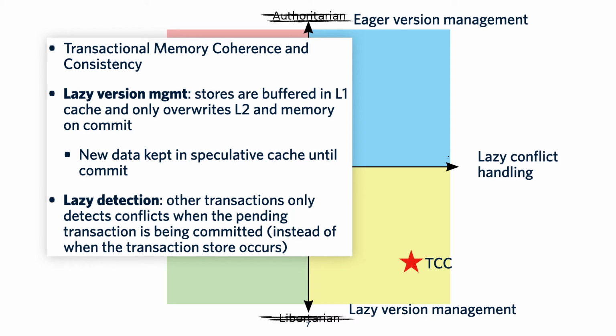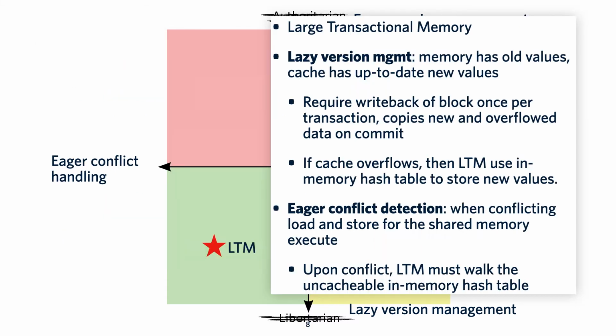There is Transactional Memory Coherence and Consistency, or TCC, and it's lazy in terms of both version management and detection, as in new data is kept in the speculative cache until commit, and detection is only verified during commit. Then we have Large Transactional Memory, which does have eager conflict detection.